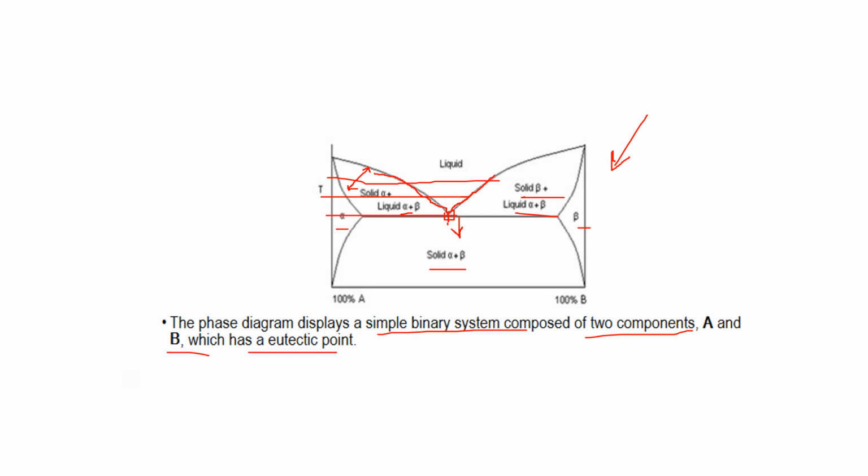We will explain the microstructure of the eutectic point, just like previously we explained the slow cooling of copper-nickel from 1300 degrees to below. Similarly, we will study the microstructure of the eutectic phase diagram with respect to the mechanical properties.